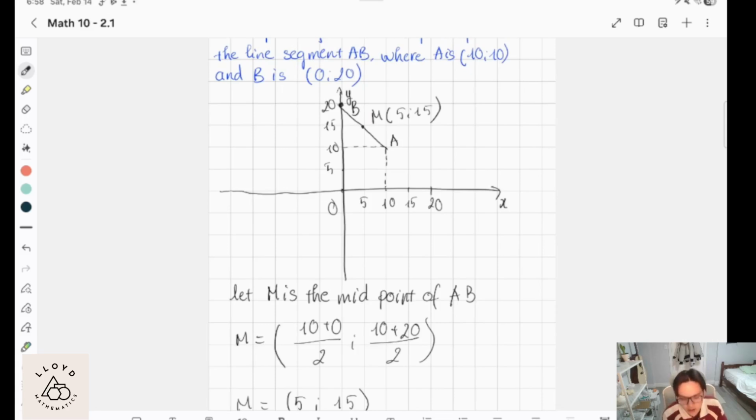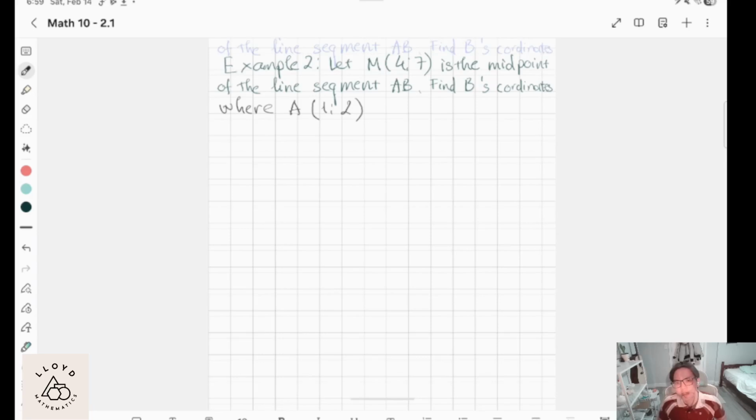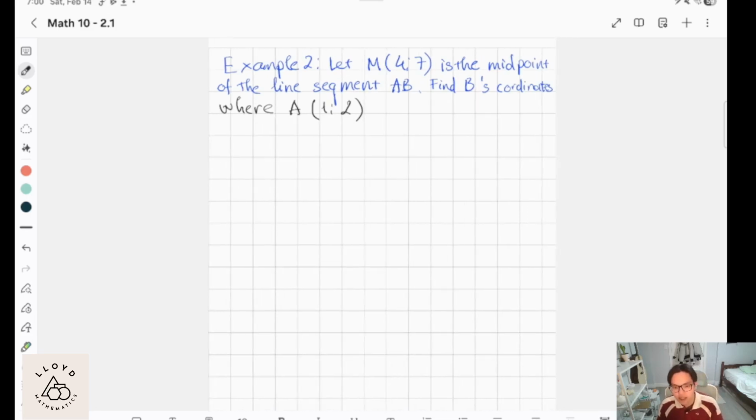Is that correct on our coordinate plane? It's correct, right? It's 5 and here is 15, right? Okay, let's try another example, which is a little bit different from the previous one, but we can use the same method, which is the formula that I mentioned. For this, let M be the midpoint of the line segment AB.